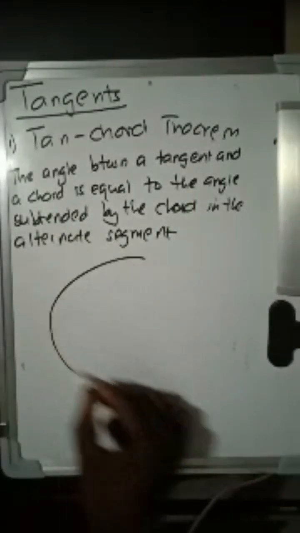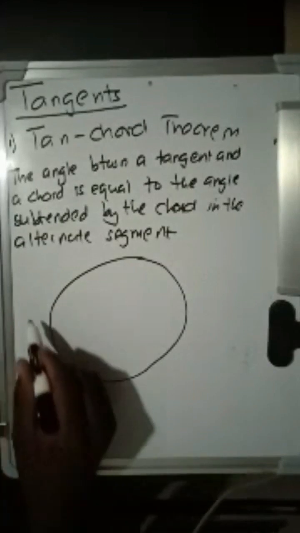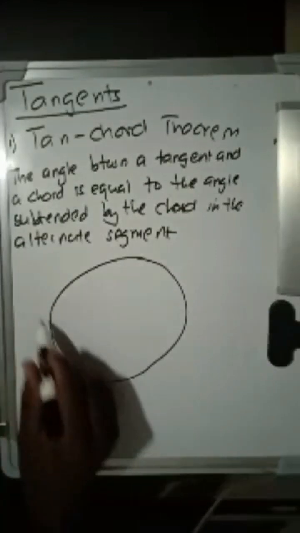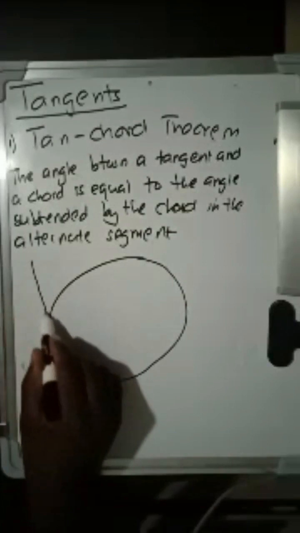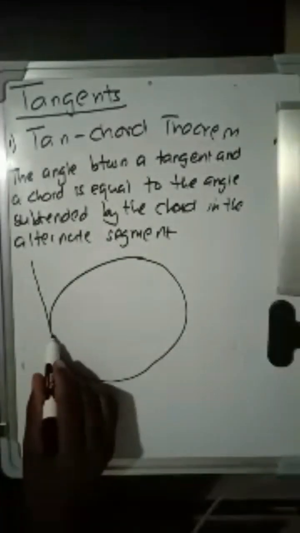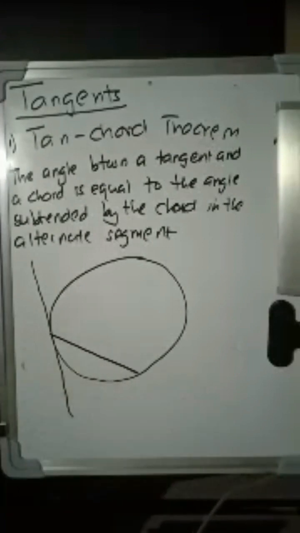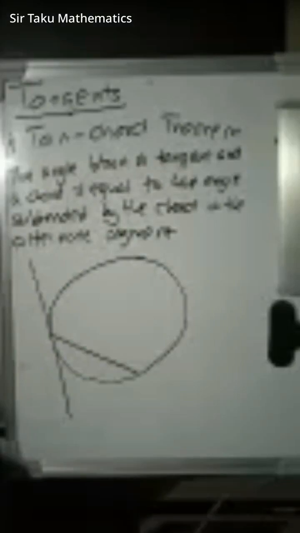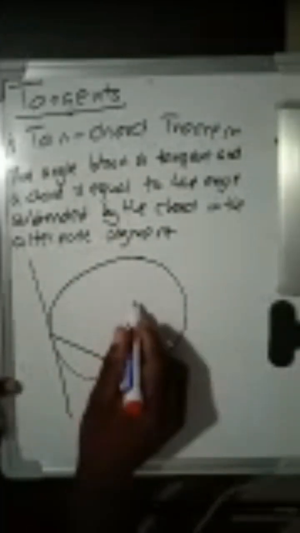Let me draw a circle. I am going to start by drawing a tangent, because that's the one that is a bit difficult to draw. There's my tangent. Then, where the circle meets the tangent, if we have a chord like that, the chord divides the circle into two segments, the minor segment and the major segment, as I mentioned when I introduced the lesson.